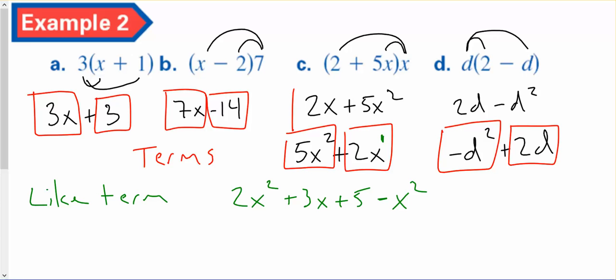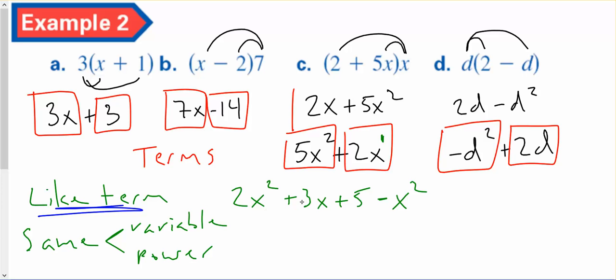They need to have the same variable, and that variable needs to be to the same power. So same variable, same power. If we look at this, our like terms for this expression would be 2x squared and negative x squared, because they both have the x variable, and that x variable is to the same power.